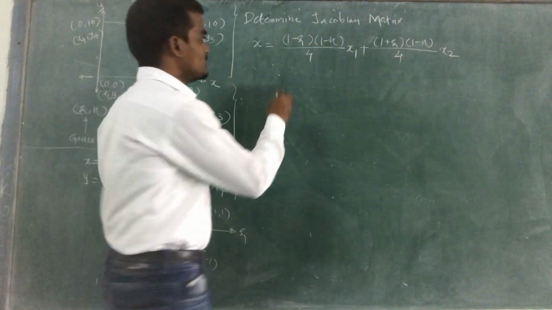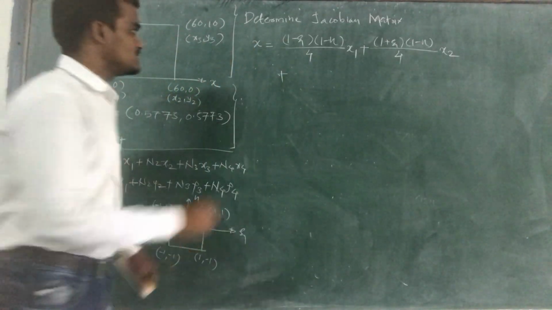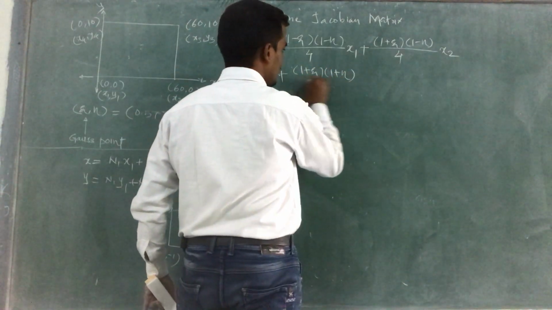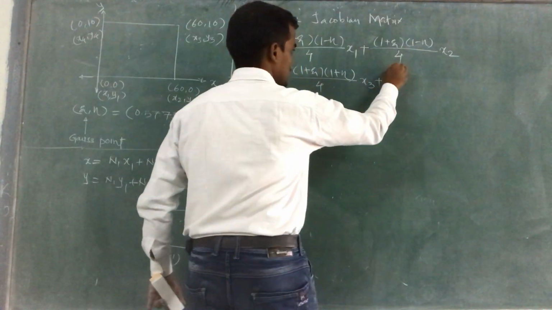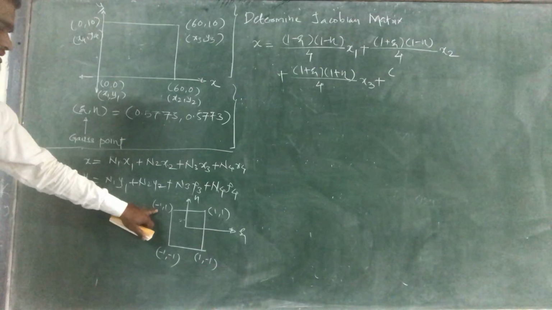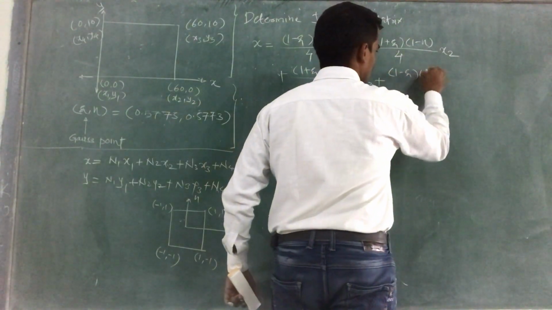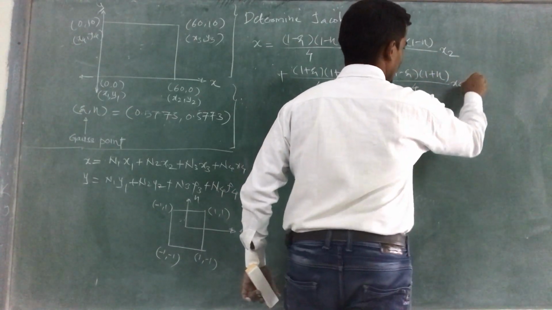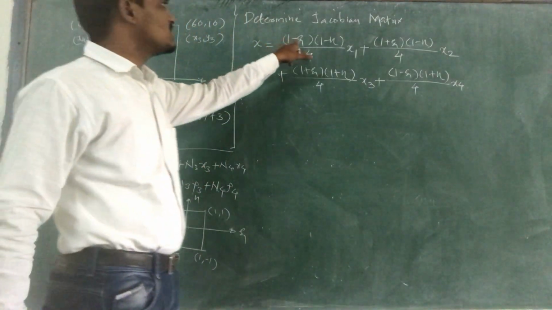Then similarly plus n3, which is (1 plus zeta)(1 plus eta) divided by 4, into x3, plus finally the last one, n4, (1 minus zeta)(1 plus eta) divided by 4, into x4. So you will get x in terms of zeta and eta.